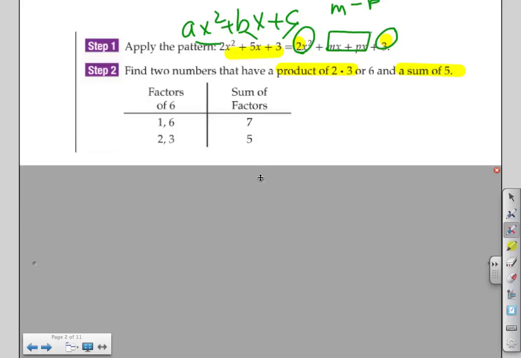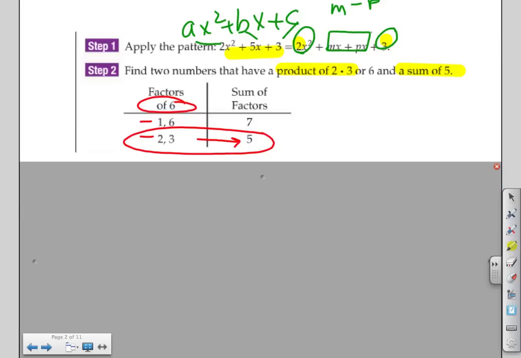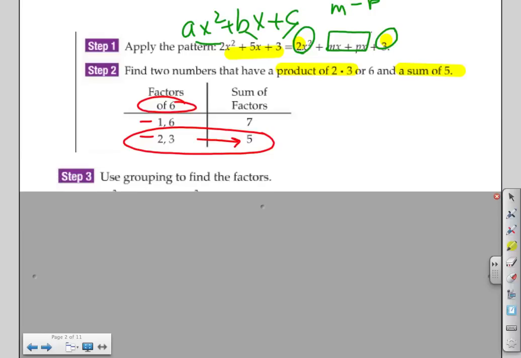We think of 1 and 6, and 2 and 3. Which of those add up to a sum of 5? Of course, it is the 2 and the 3. How is that different from before? Before we were finding the product of just c. Now we're finding the product of 2 times 3, or a times c.